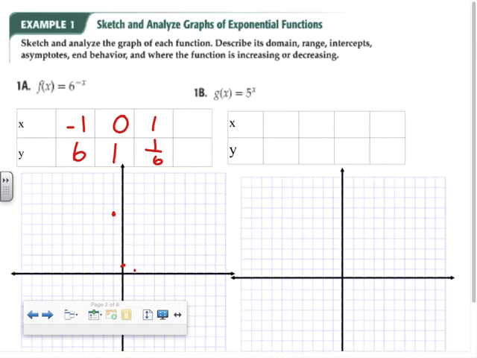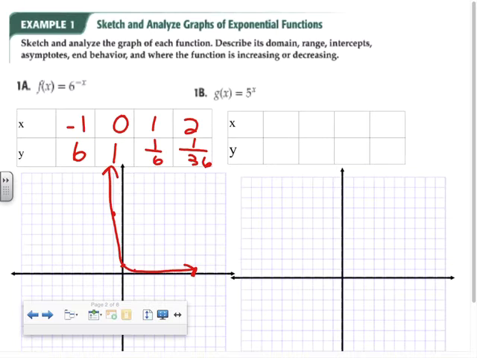And what I'd hope that you'd realize is that as the values get larger, for example, if I plug in 2 here, I would have 1/36. So the larger and larger my values get in this function, the closer and closer I'm getting to 0. So this graph looks like this, and it's flattening out towards that 0.